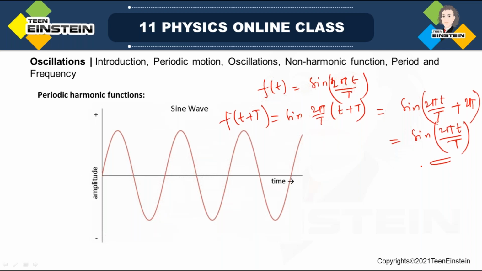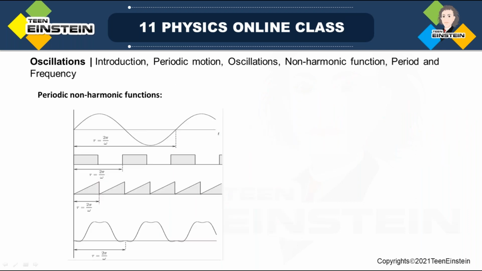So the periodic functions which cannot be represented by sine or cosine function are called non-harmonic functions. So here it is said that periodic functions which can be represented by sine or cosine curve are called harmonic functions.